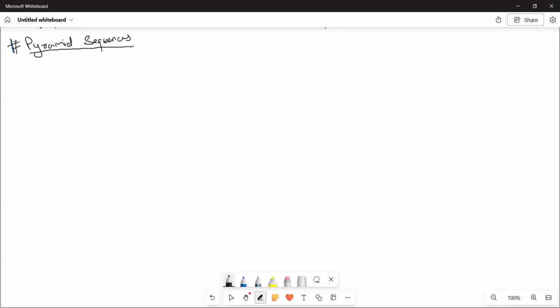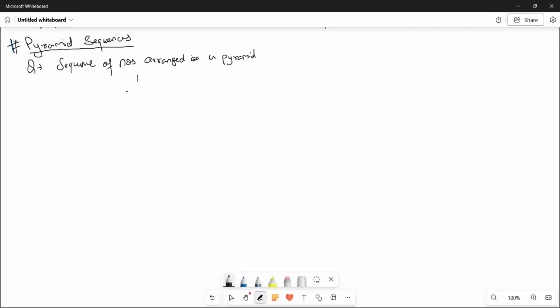Pyramid sequences is basically nothing different, but let's suppose we are given a sequence of numbers in this form. We have a sequence of numbers arranged as a pyramid. Now, what do you mean by sequence of numbers arranged as pyramid?